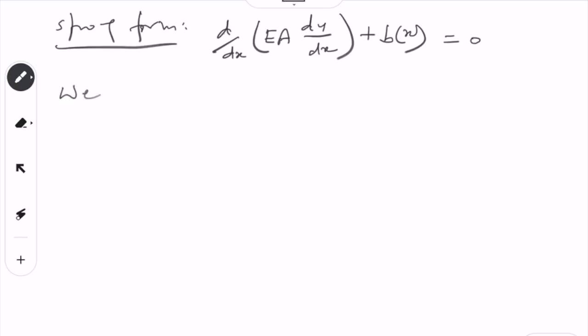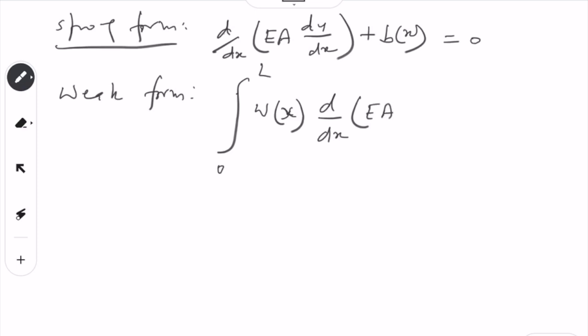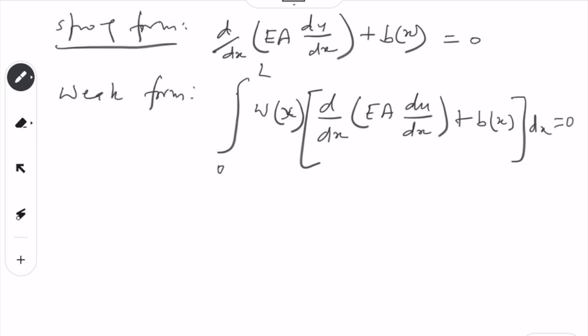Then we have the weak form, which is given by the integral of 0 to L in this case, and we have a function or weight function w(x), then d over dx of E A du over dx, plus b(x), dx equal to 0.